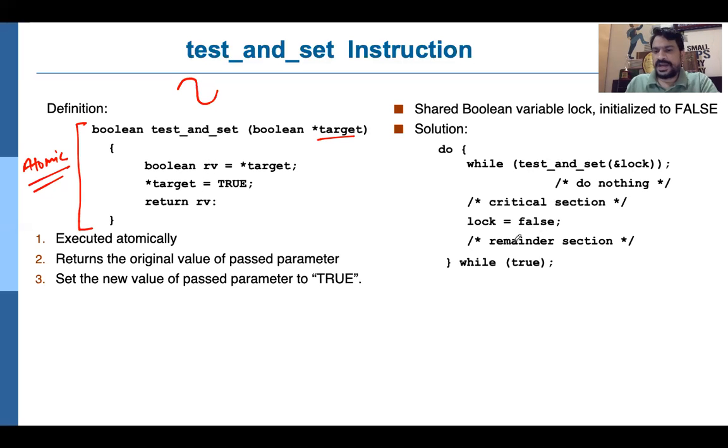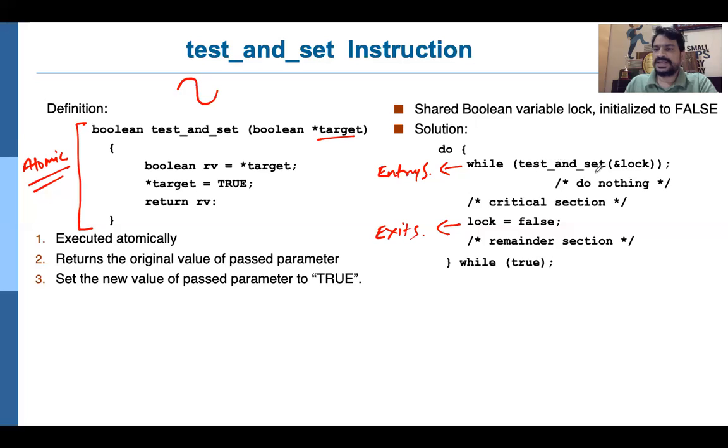Let's see the logic behind it. So here we have the entry section. So this one is the entry section. And you can see here, after the critical section, this is your exit section. In the entry section, test and set will call this function with a reference, meaning with the address of lock.